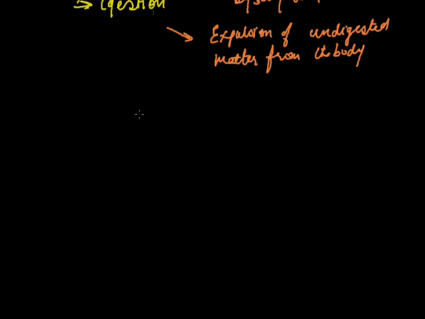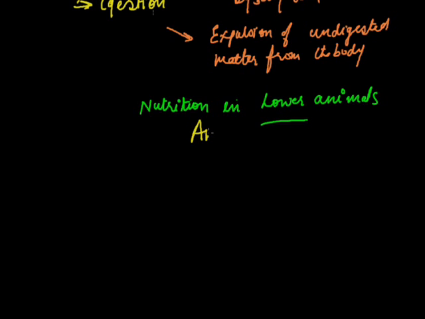Now, we'll come to nutrition in lower animals. The common example we are taking is amoeba. To make you understand the process of nutrition in amoeba, let me draw a diagram of amoeba. As you all know, amoeba has an irregular shape.